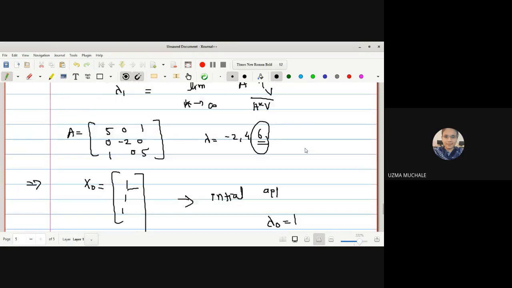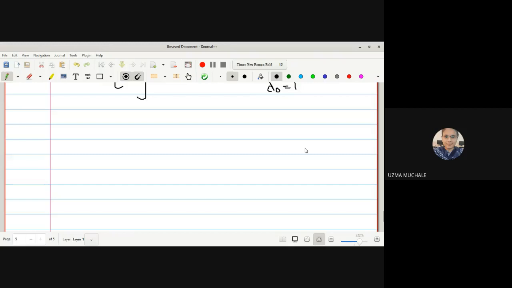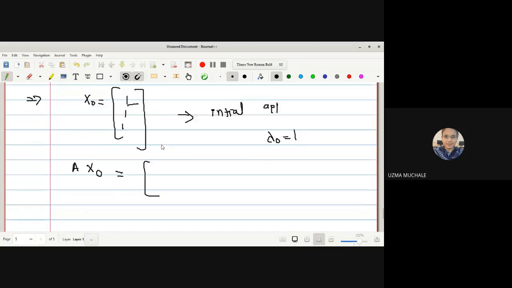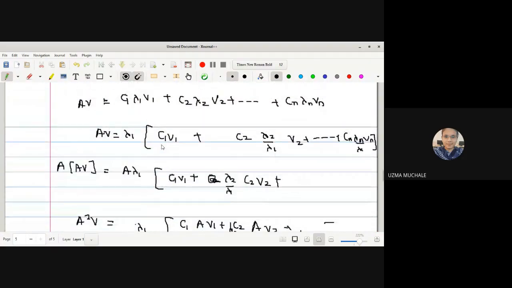What we have to do next, as in the method, is multiply by A. This will be A x naught. We have done the same thing in the method, A into b, where b is our initial approximation. X naught is equal to 1 1 1, which we can say is an eigenvector corresponding to eigenvalue lambda naught equal to 1.